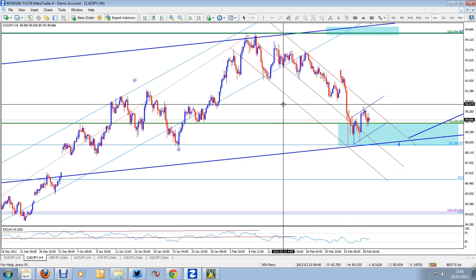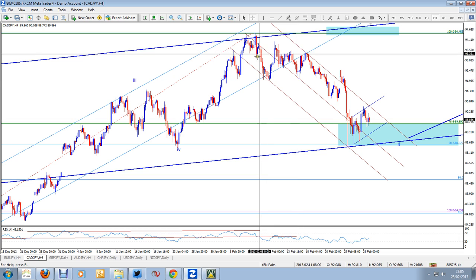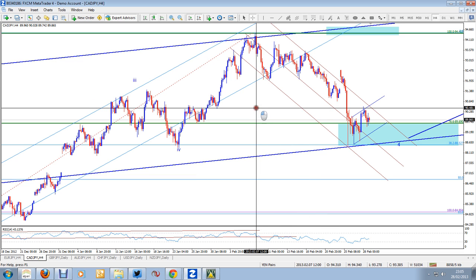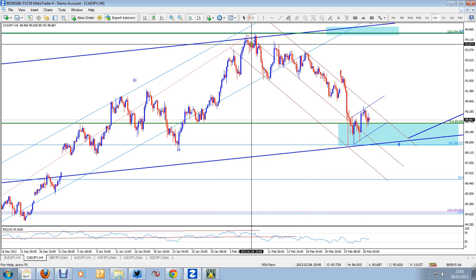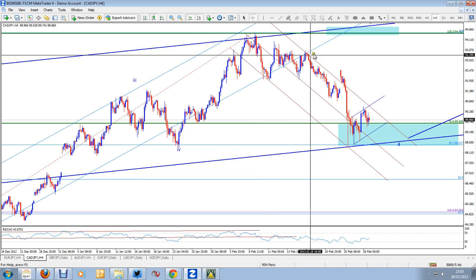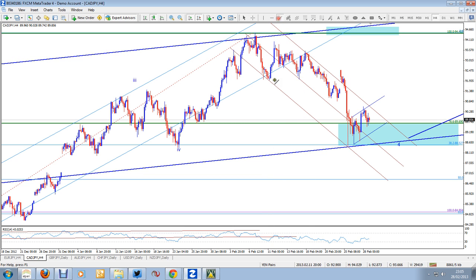and we are currently, I think this one is not a clear count. It's probably wave A, then A, B and C is the wave B. So I think what it is, this one could be a running flat.